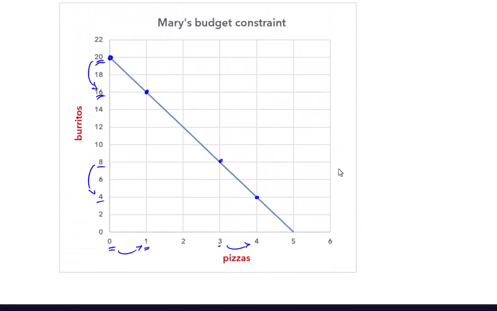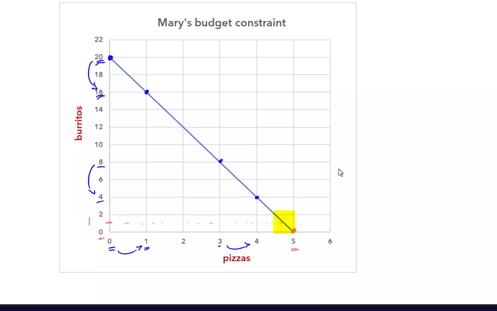Okay, then if we look at the other extreme, if she's at this combination here, consuming all pizzas, then she has 5 pizzas and 0 burritos. Then if she decides to go from 0 to 1 burrito, that will be right here.